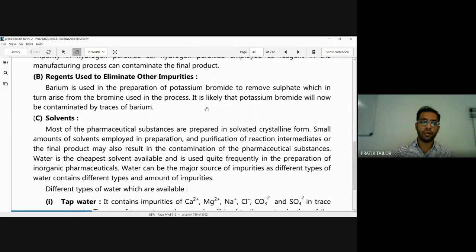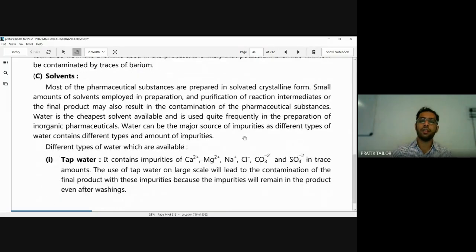Solvent is important, and many times the major solvent we are using is water, and your water has many trace elements like calcium, magnesium, sodium chloride, etc. So if your water is contaminated, then definitely your product can be contaminated with traces of these salts.